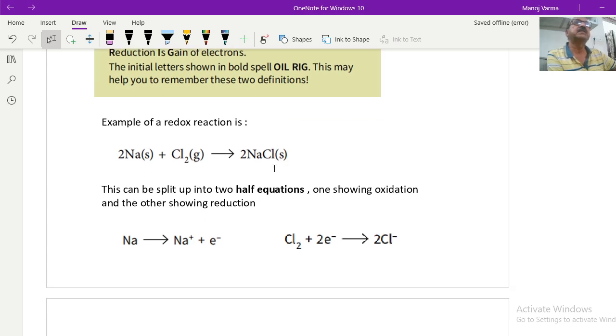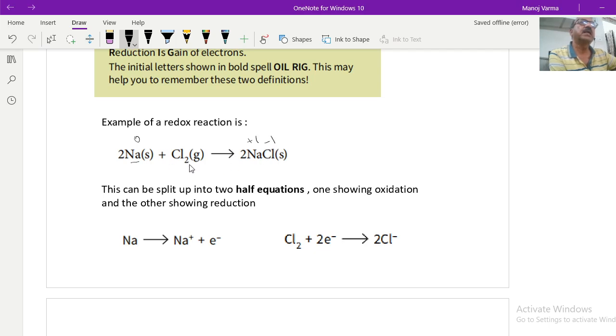So now let us consider this. Sodium reacts with chlorine. Sodium solid reacts with chlorine gas to give you sodium chloride solid. Now here it's a bit difficult, but I will try to explain it to you. Here sodium has a zero charge, because sodium is in the free state. But you know that in sodium chloride, sodium is +1 and chlorine is -1.